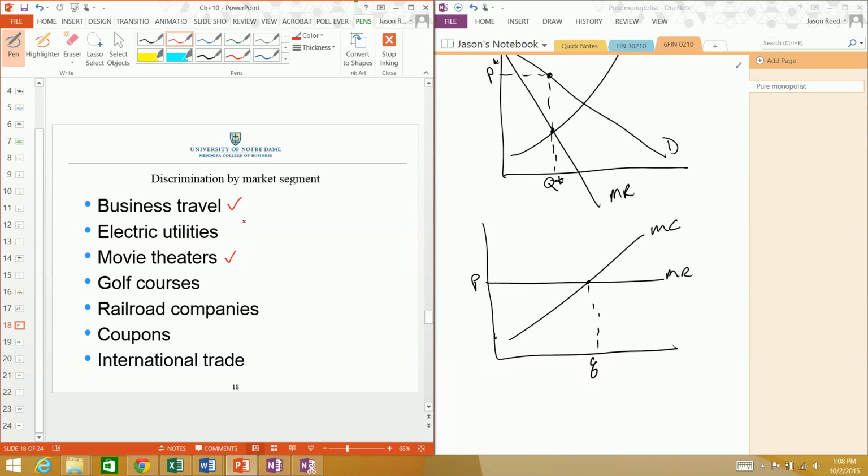Electric utilities do this as well, with very specific generation issues under peak hours versus non-peak hours. Coupons, again, go back to the example that we talked about at the beginning. We could see this in some international trade aspects as well. So being able to segment our market is very important, and we're able to understand that relationship to price discrimination.